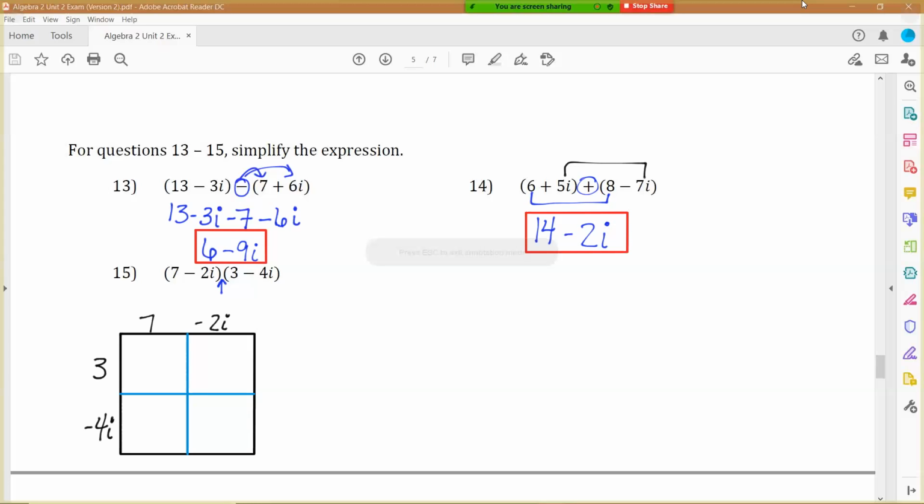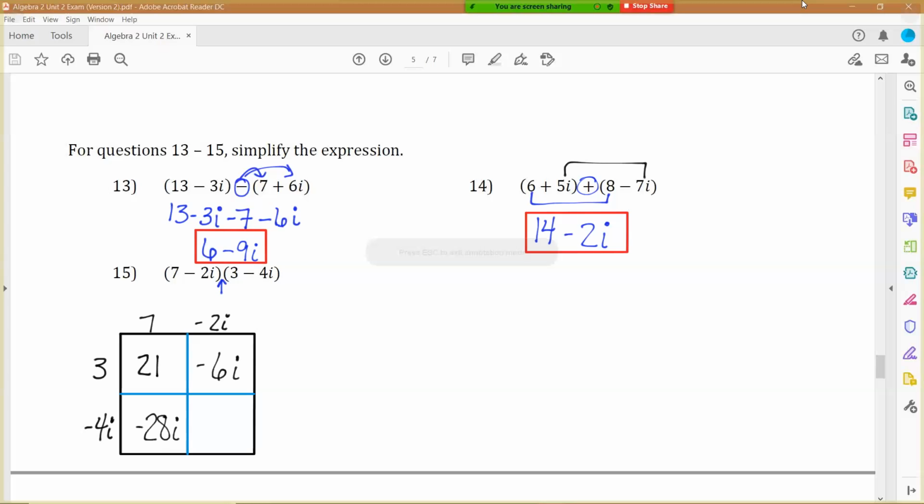So if I'm looking at the top left box, I'm going to multiply 7 times 3 to get 21. Then I'm going to multiply 3 times negative 2i to get negative 6i. 7 times negative 4i to get negative 28i. And then be careful, remember this last box is the tricky one.